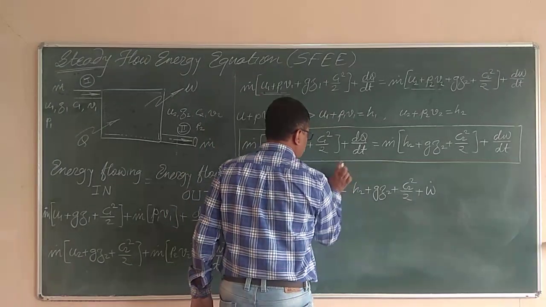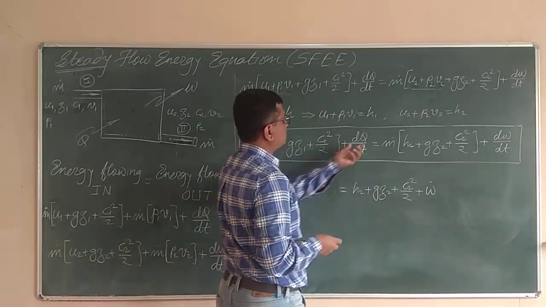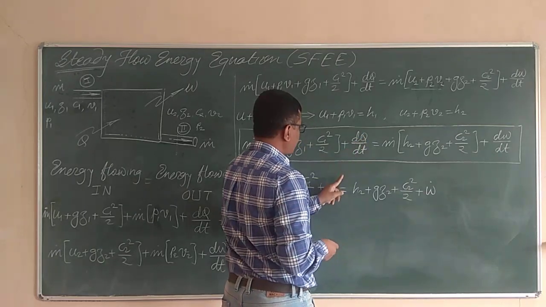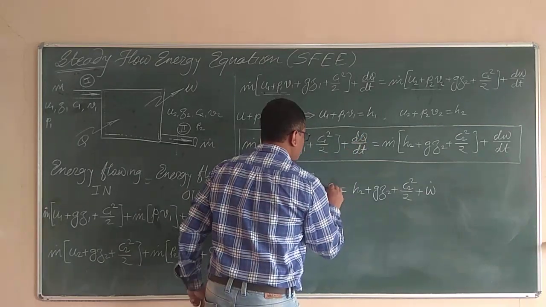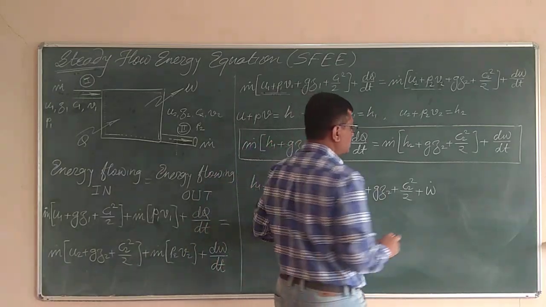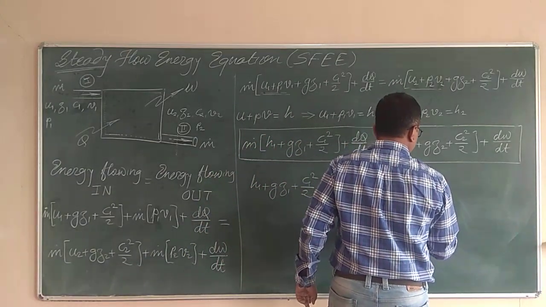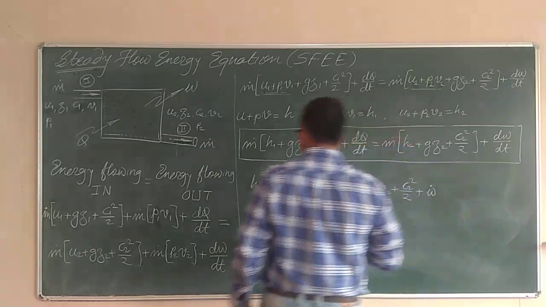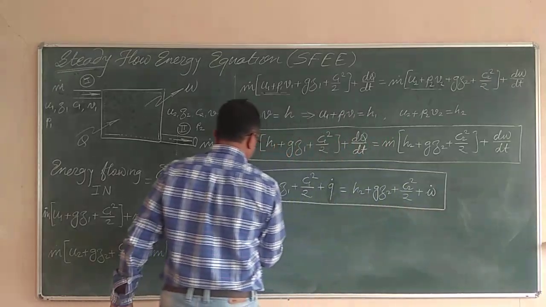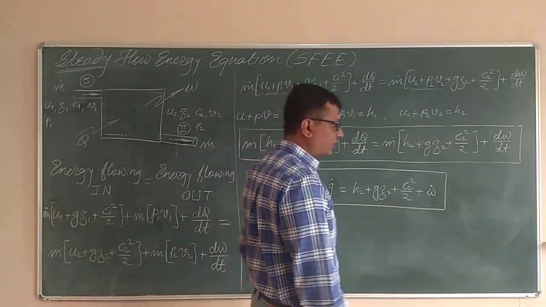Actually this has to be small q, since capital Q dot divided by small m will be small q dot. That is the heat transfer rate per unit mass, and the work transfer rate per unit mass. So this is one more form of the steady flow energy equation.